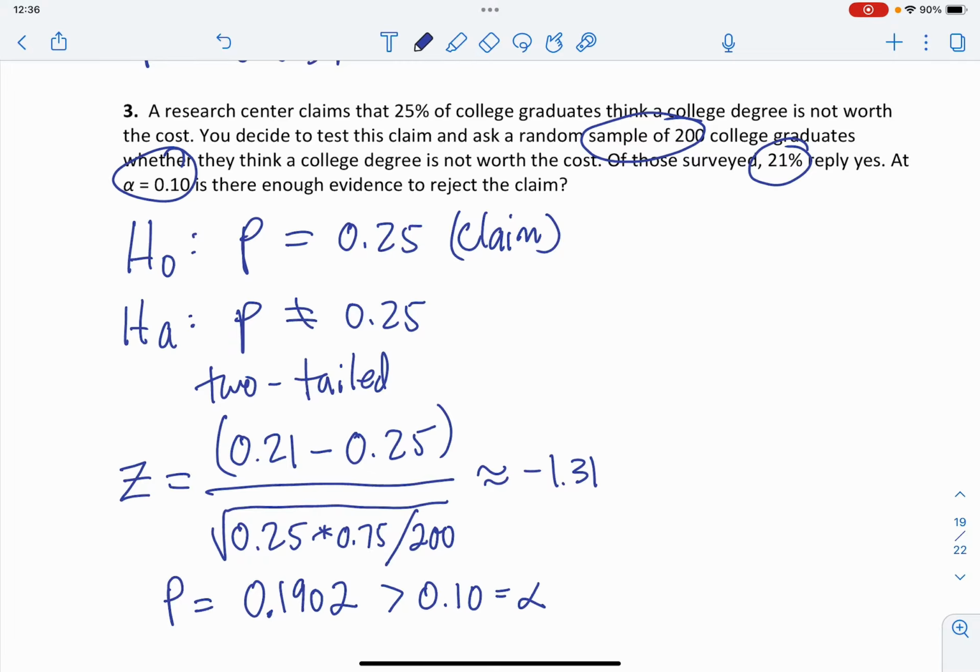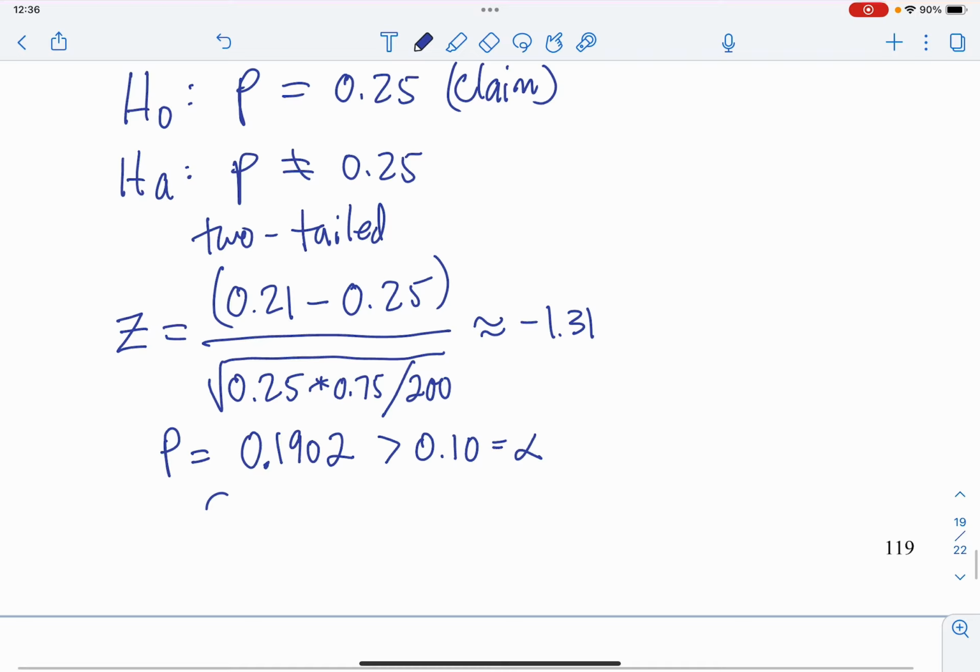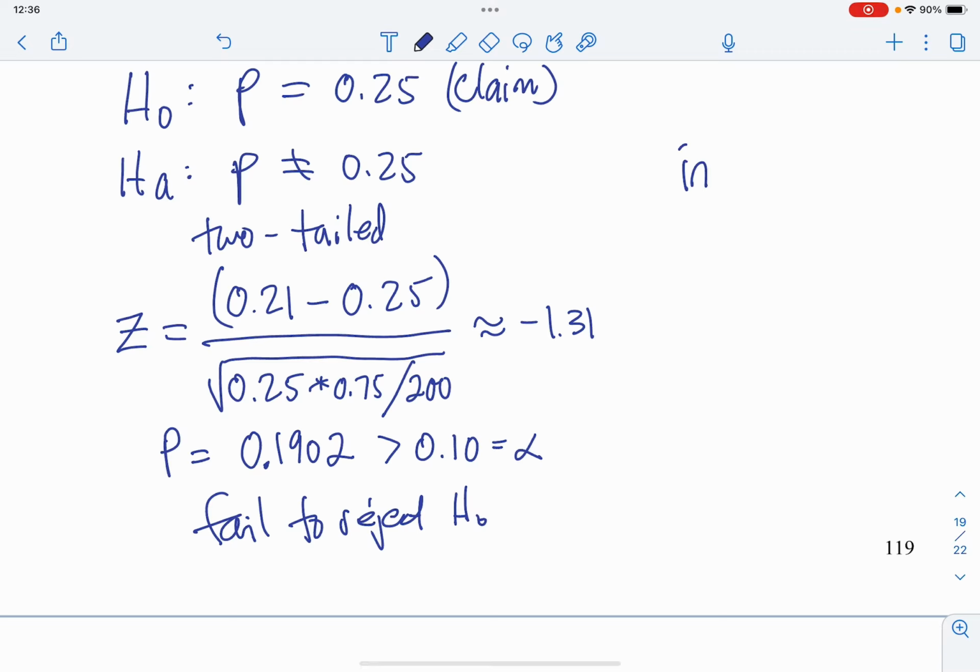And when P is larger, it's always fail to reject H0. And H0 is the claim. We just couldn't reject the claim. So there's insufficient evidence to reject the claim.